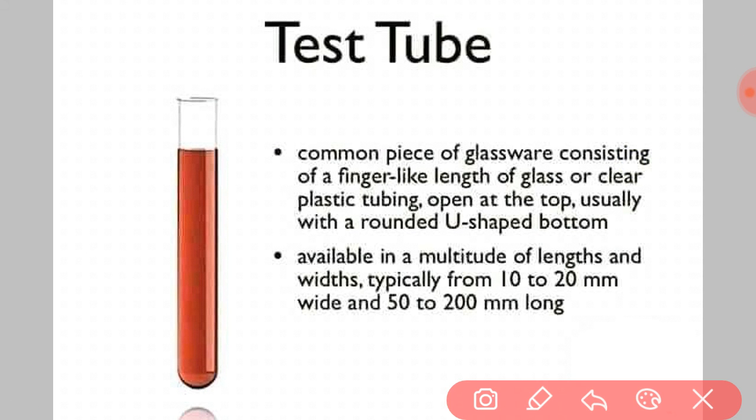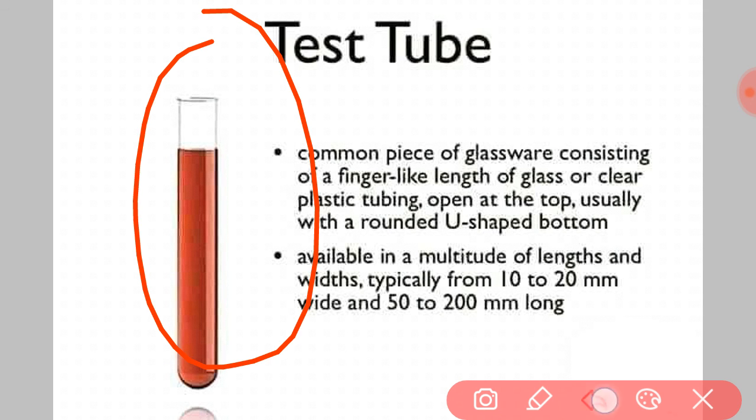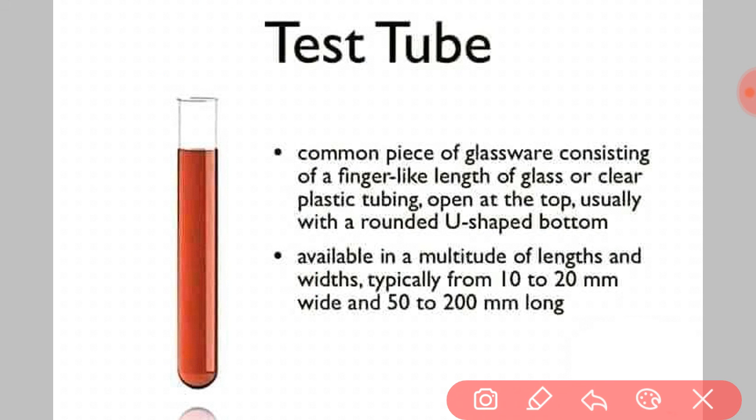Our first equipment is the test tube. See this? This is the picture of a test tube. It is a common piece of glassware consisting of a finger-like length of glass or clear plastic, open at the top, usually with a round U-shaped bottom.